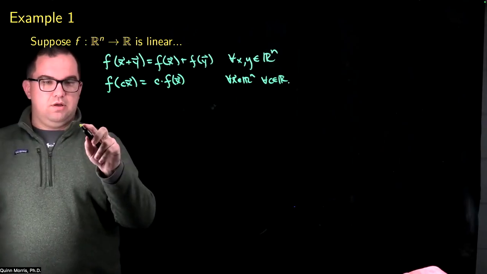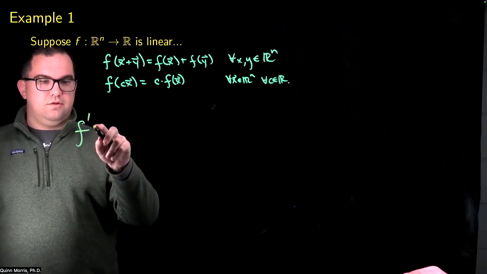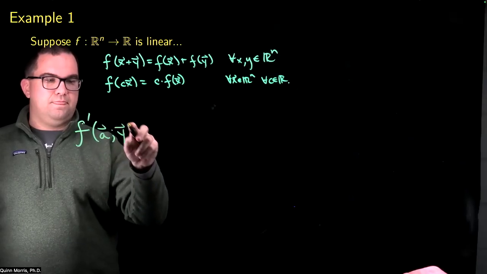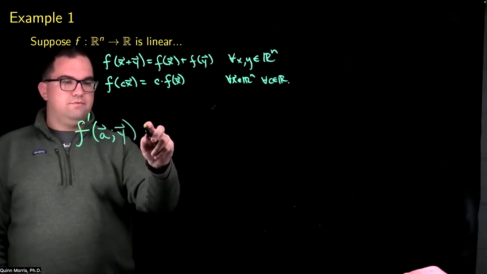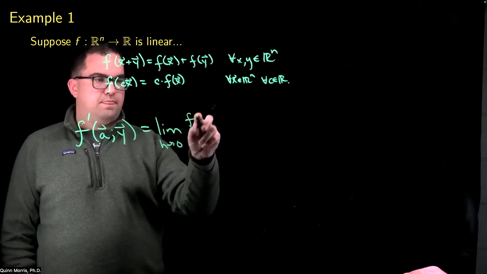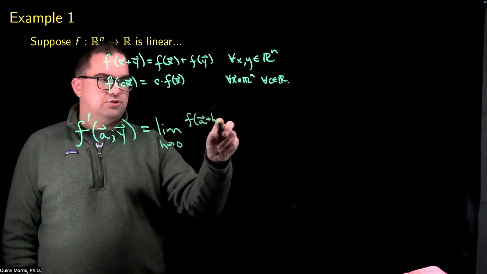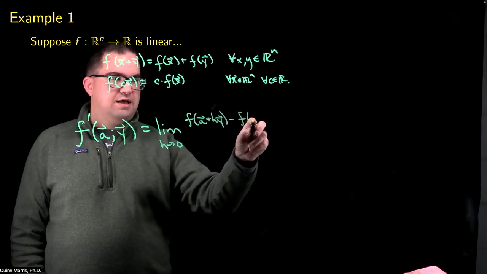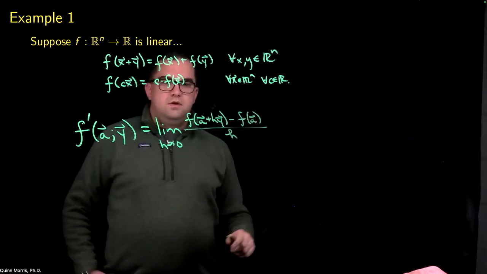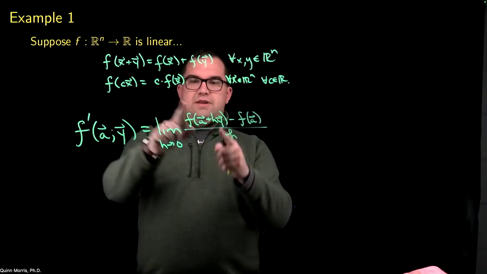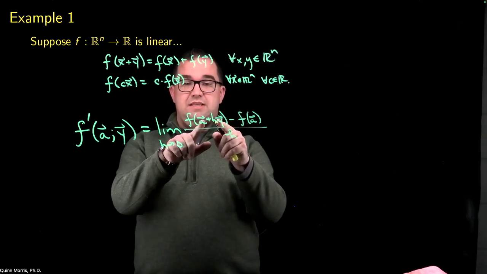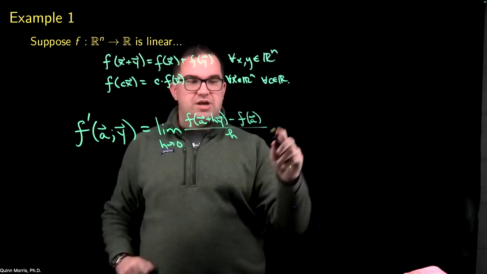Well, if I wanted to calculate the derivative of this function at some point a with respect to y, by definition, that would be the limit as h goes to 0 of f of a plus hy minus f of a, all over h. But now I can use my linearity conditions. I can break this up over the sum because f is linear, and I can pull the scalar h out.